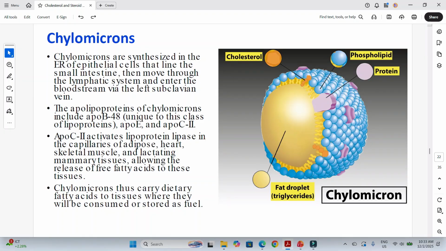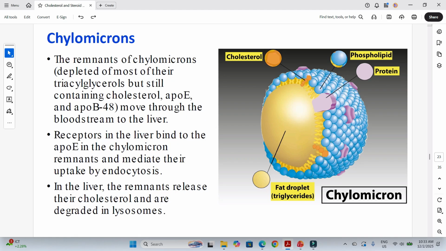Right? This is just a cartoon representation of what a chylomicron looks like. It's one huge, giant globule. Okay. Now, the remnants of the chylomicrons, which have been depleted of most of their triacylglycerols but still contain cholesterol, ApoE and ApoB48, move through the bloodstream to the liver. So ultimately, its final destination is the liver.